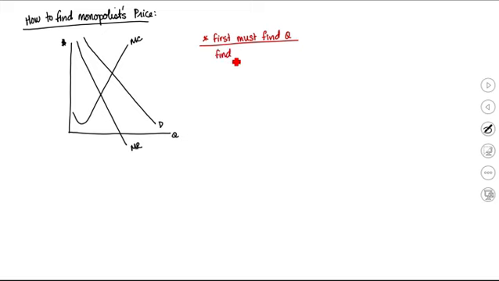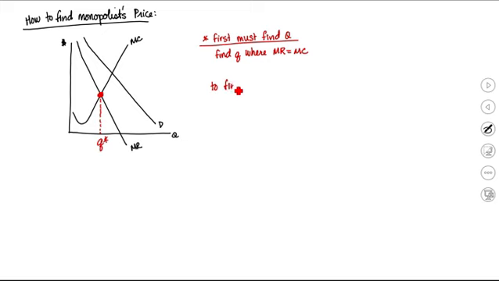Find the output, good, where marginal revenue equals marginal cost. Everyone agree that's this point right here? Okay, so we found output. So first I have to find output, and I find that output's going to be Q star.